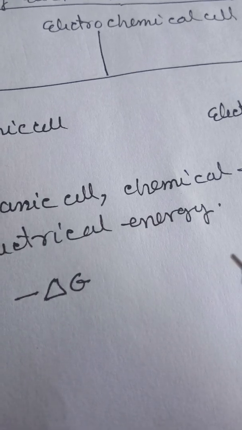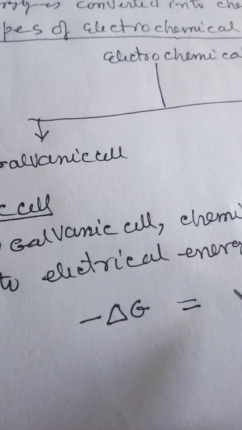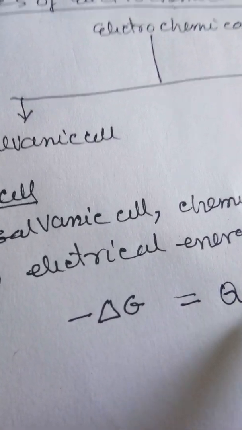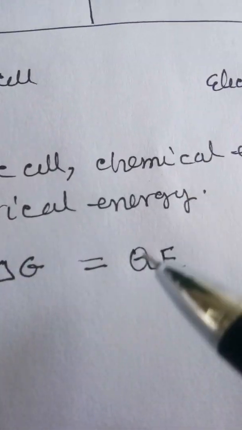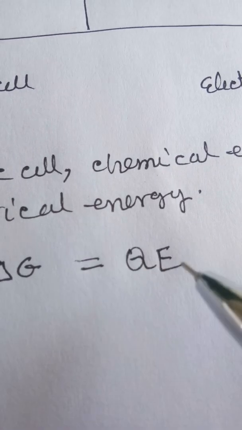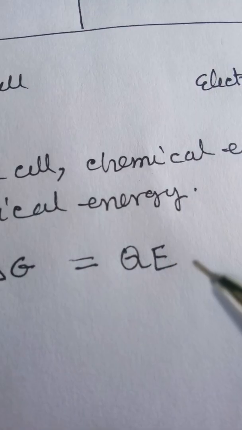So electrical work is equal to QE, where Q is the electricity and E is the potential.